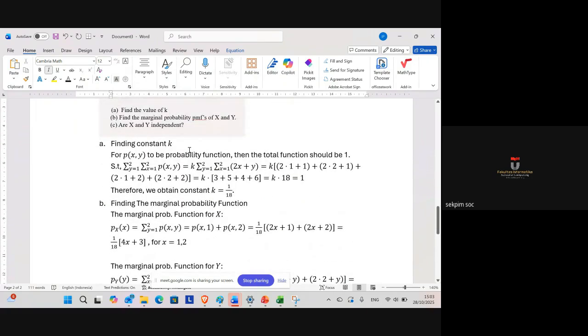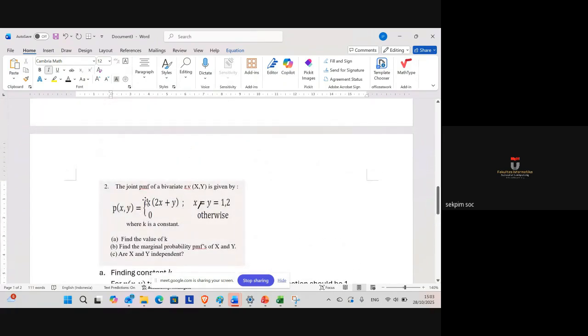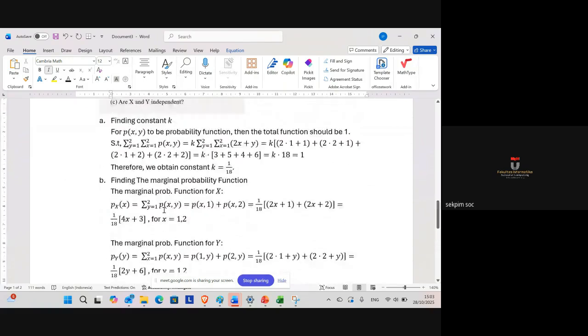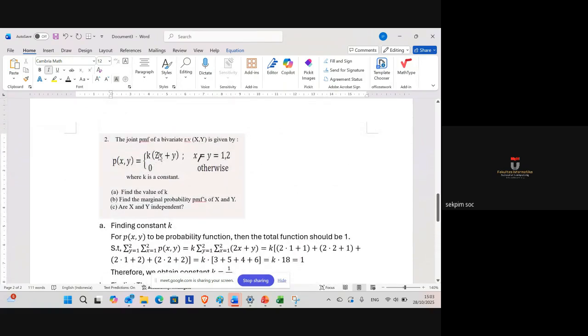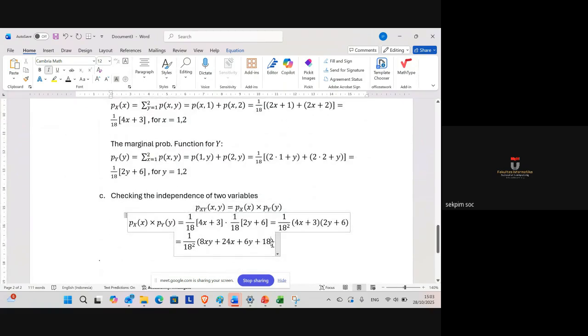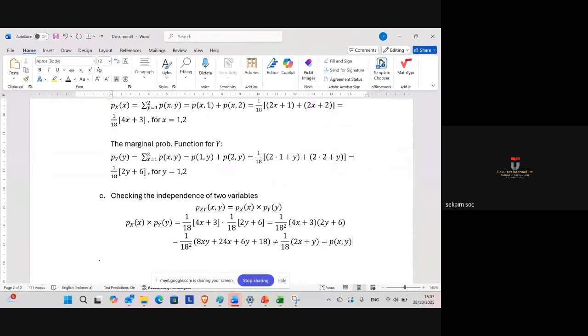Is it true? I think it's true, right? And this one is not equal to 1 over 18 times (2x plus y), which is our joint probability function.